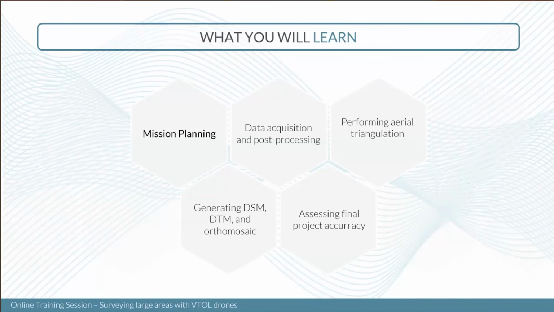Then I will talk about how to generate a DSM, so digital surface model, a DTM, and an orthomosaic with the software Correlator 3D. Once the processing has been completed, we will then see how to assess the final project accuracy. And after, we will discuss how you can optimize and improve your processing workflow.